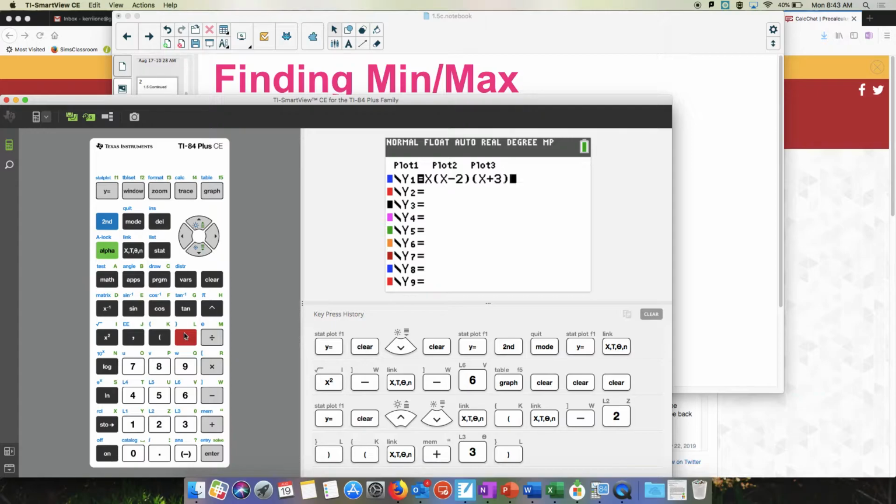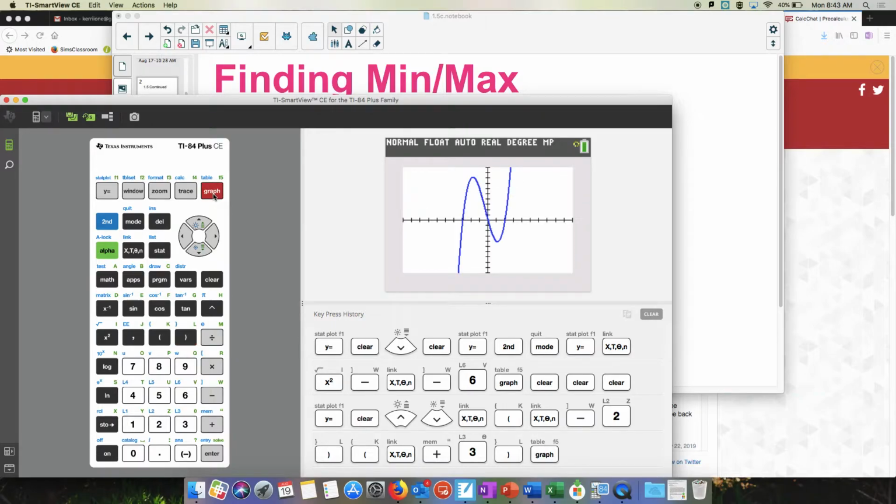Did you write that down? So you type this in, and this is the X button, so press X. And then when you hit graph, this should appear.